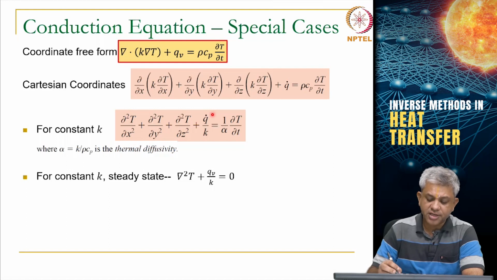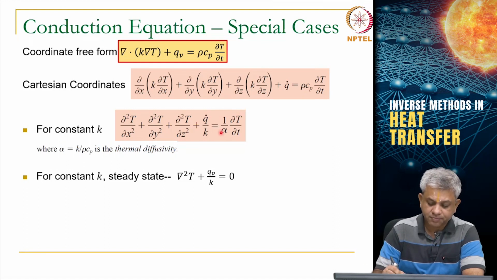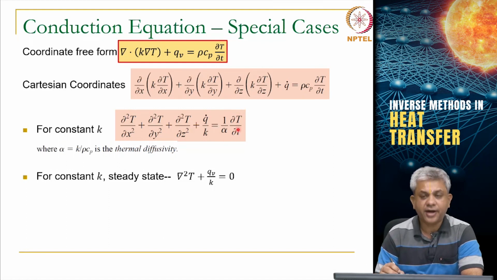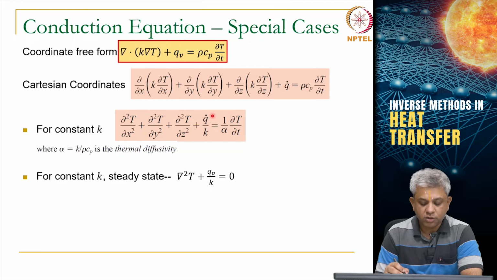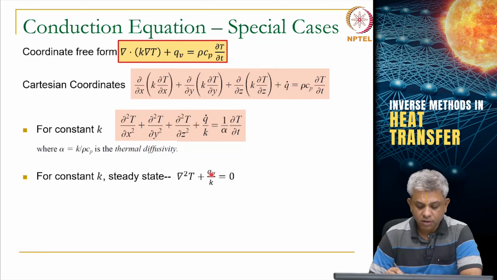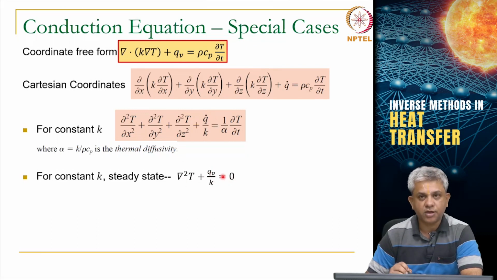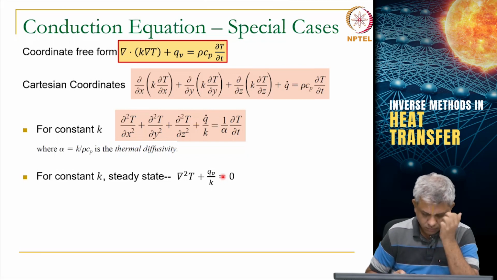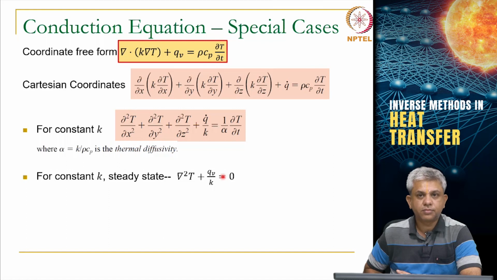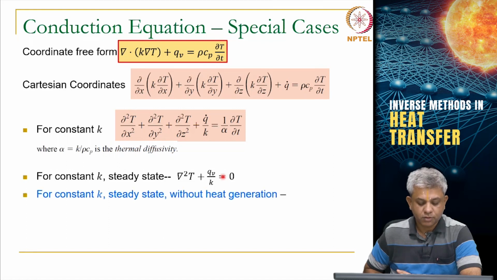If we have steady state, then the right hand side term goes to 0. So, notice this term goes to 0 and k is constant, so it comes to the bottom. You get del square T plus q_v by k equal to 0, for constant k and steady state.